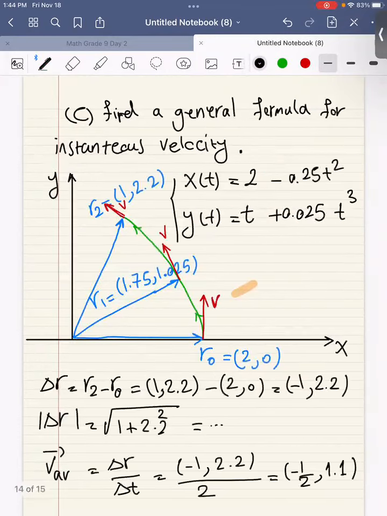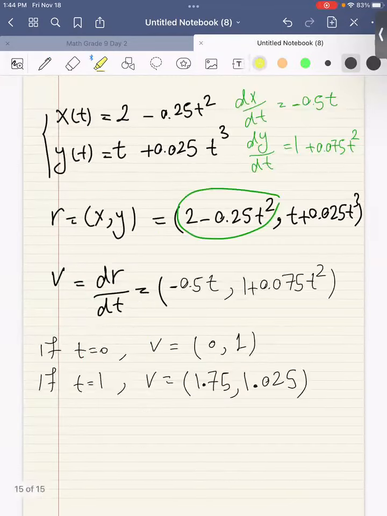This is basically this vector, the yellow vector.